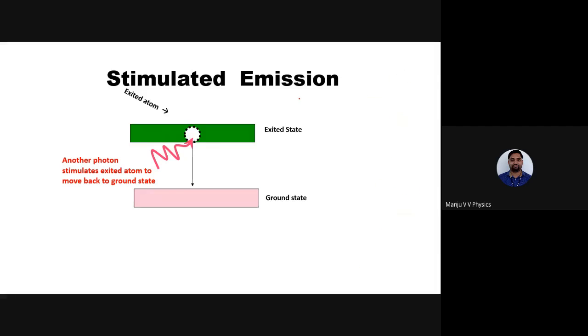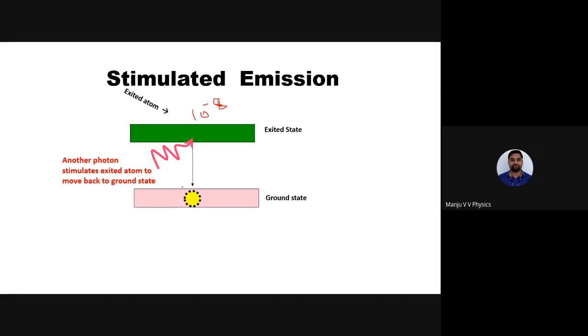I repeat again: the atom in the excited state stays up to 10 power minus 8 second. Within that time, you stimulate this atom using some external energy. Due to that stimulation, the atom will come to the ground state.